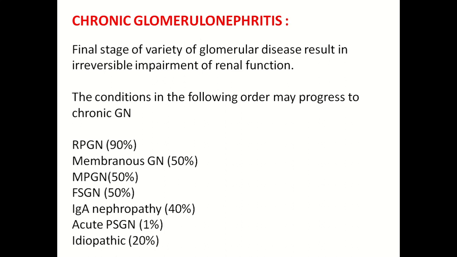Now the second cause of small contracted kidney is chronic glomerulonephritis. All types of glomerulonephritis, at the end, convert into chronic glomerulonephritis. So it is the final stage of a variety of glomerular diseases, resulting in irreversible impairment of renal function.